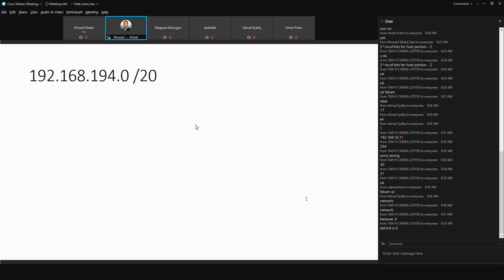Whatever it is, you have to do the AND operation. Because you cannot predict that if the back is zero, it will become the network ID. No.